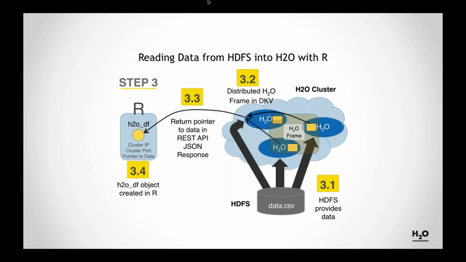We only return a summary of that distributed frame to the R user, so they can look at it like a regular data frame, truncated a little bit, and understand what the data set looks and feels like. They can always query the entire data set, which is available in the H2O cluster.